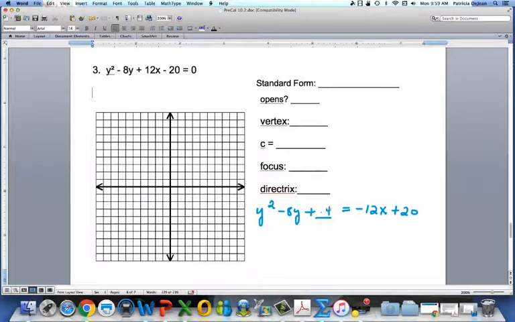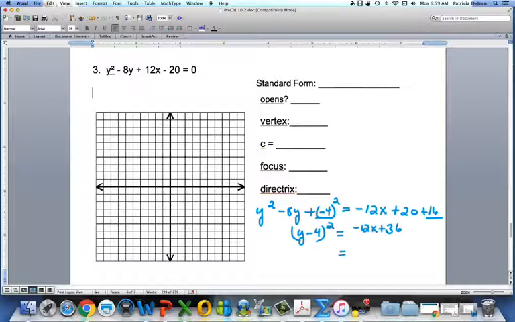This will be a negative 4 squared. And so we'll add 16 over here. So we have negative 12x plus 36. And here we'll have (y minus 4) squared.